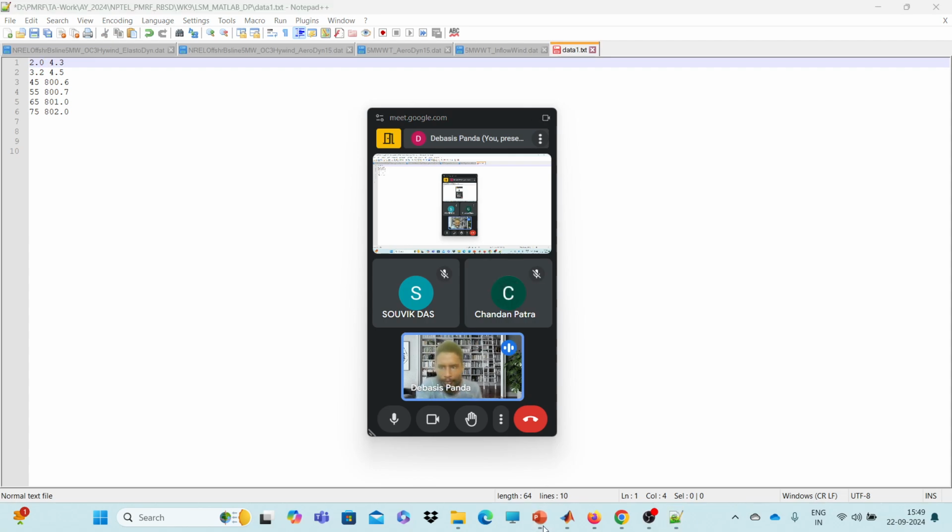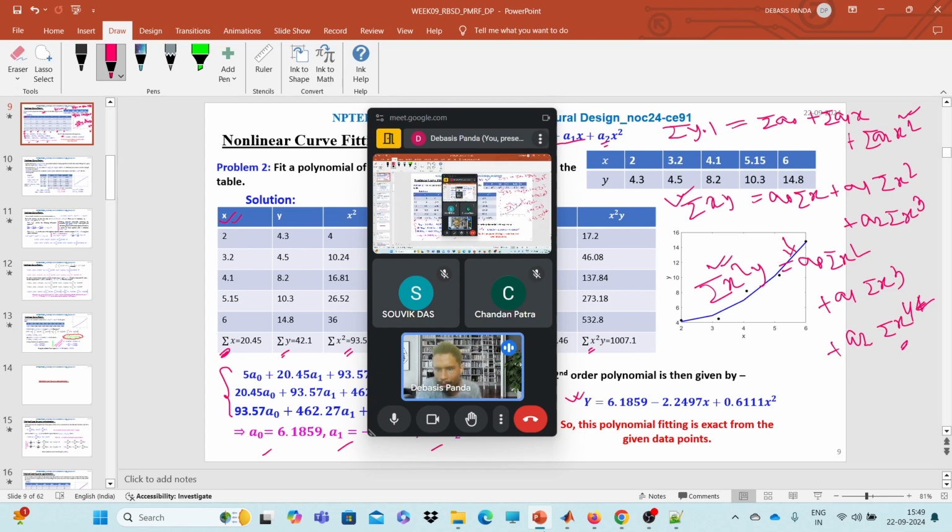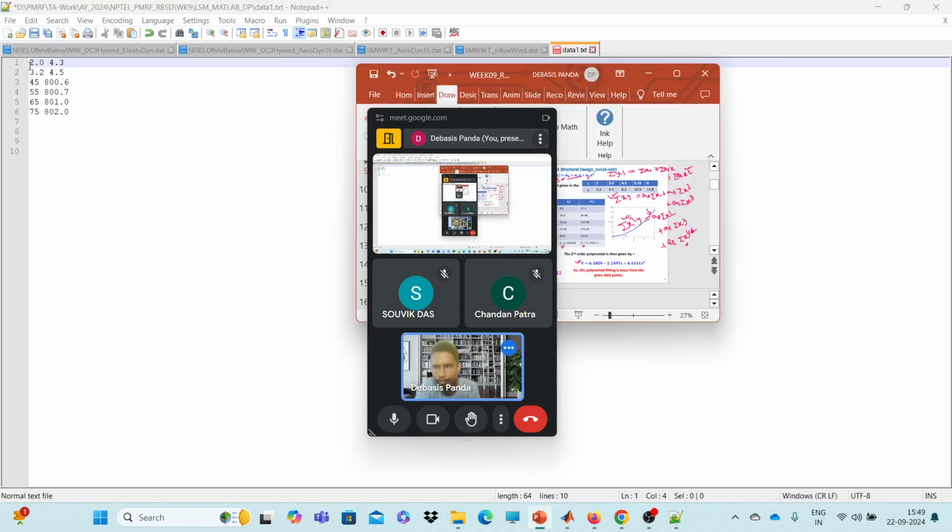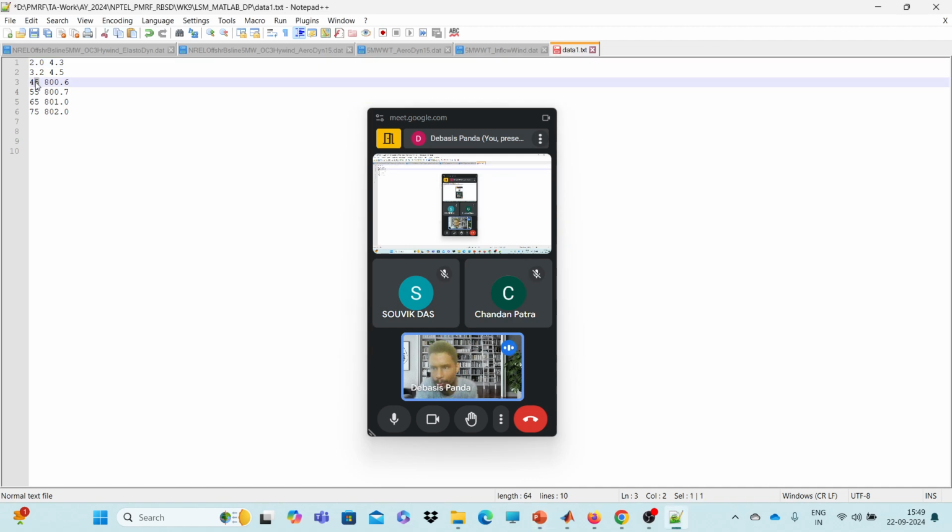Now third and fourth data set we have 4.1, 8.2.